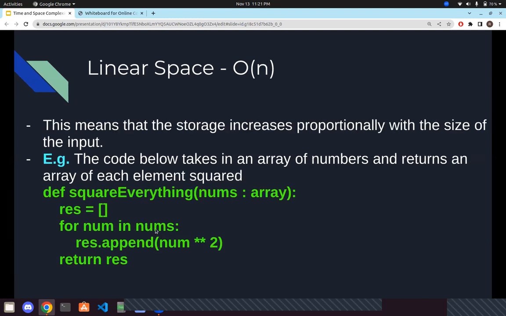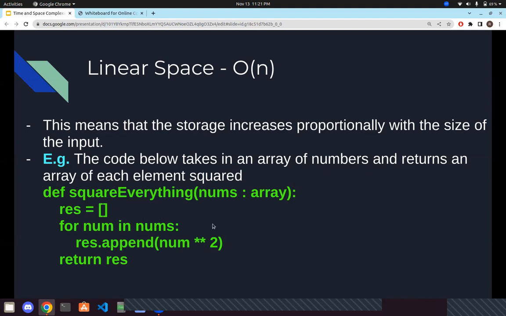Now, linear space means that the storage increases proportionally with the size of the input. So for this example, this function takes in an array of numbers, and what it's going to do is square each number, and then return the array of all the squared numbers. So we have this res, which is set to an empty array.